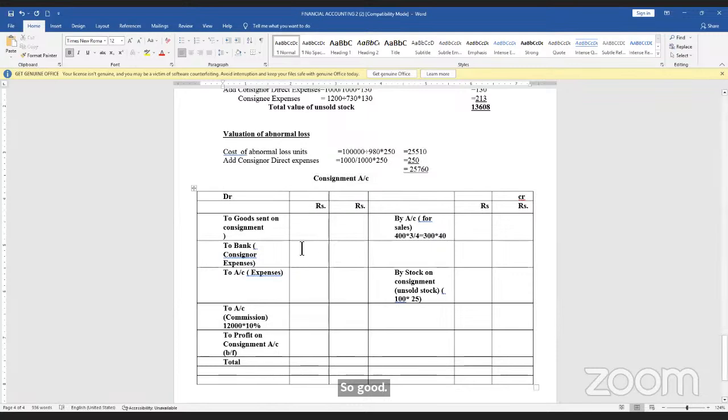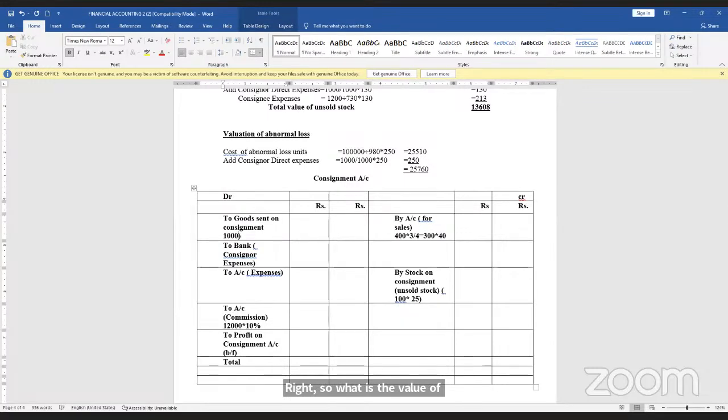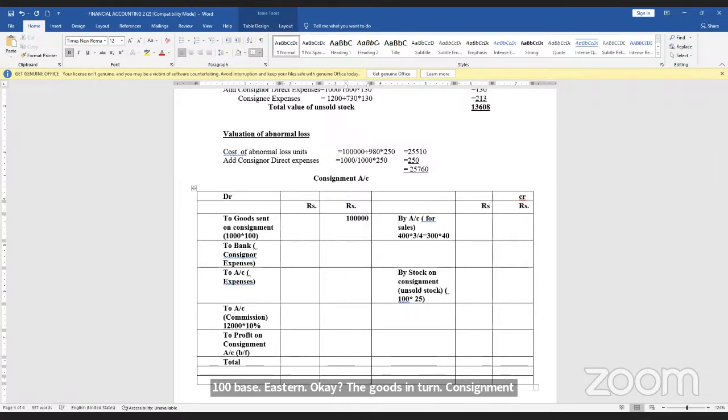Right. So what is the value of goods sent on consignment? 1,000 tons at 1 lakh total means 100 rupees each ton. Right? So goods sent on consignment is 1 lakh.